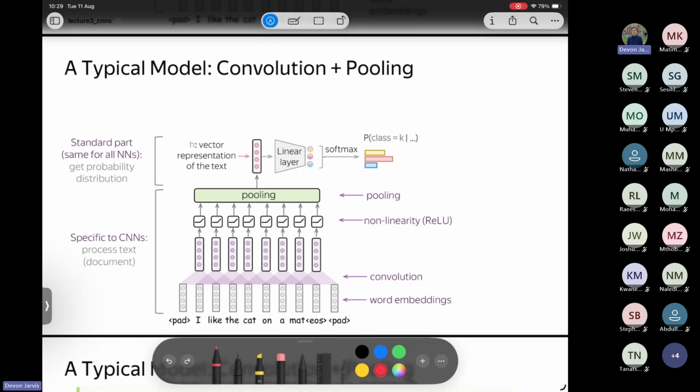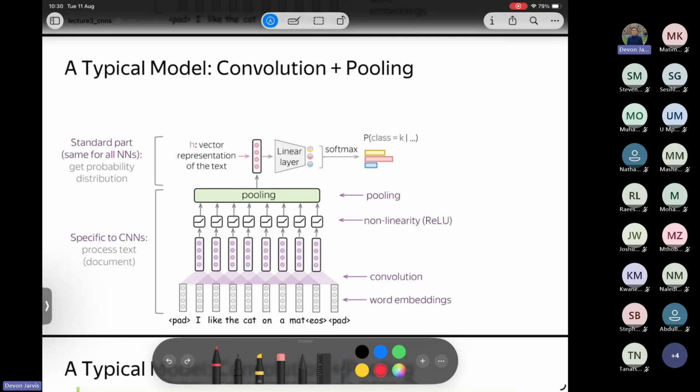There's the high level big picture, which is how am I going from word embeddings to sentence embeddings and then classifying at the end. And that's just linear regression. You've seen that before. You're just taking a vector input, producing a vector output, softmaxing it, and so you get multi-class logistic regression. And so we know how to go from vector to classes.